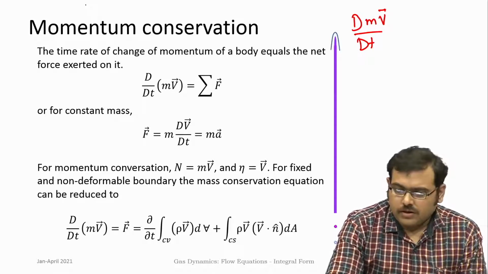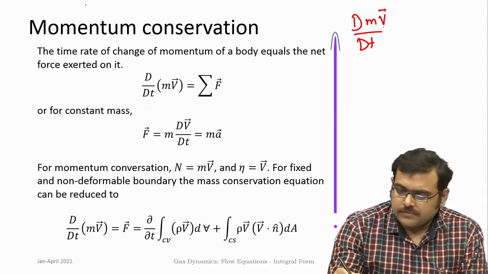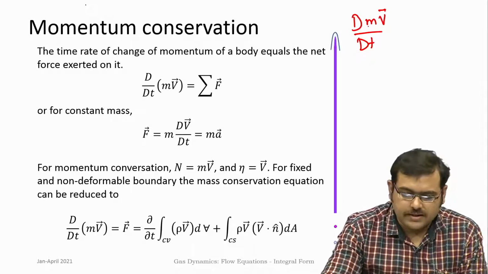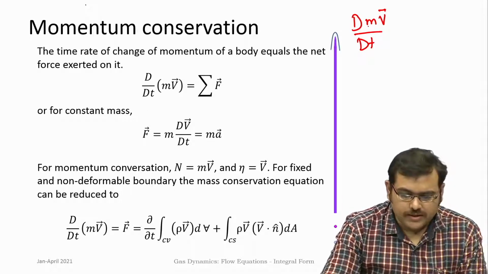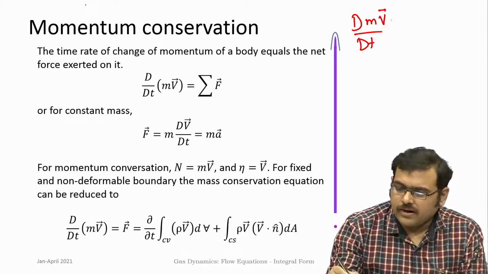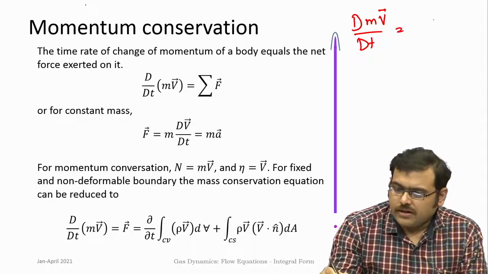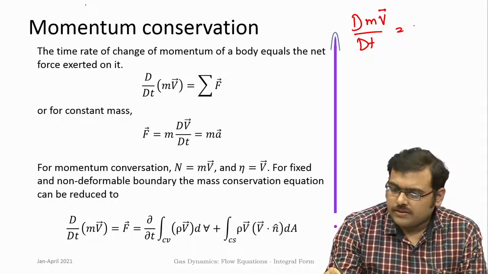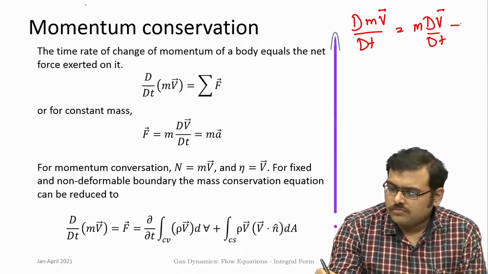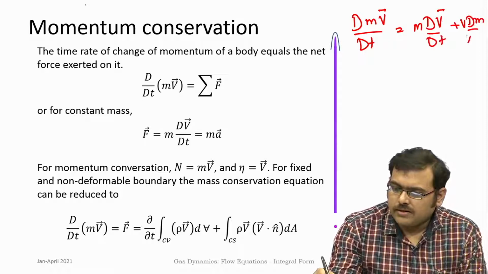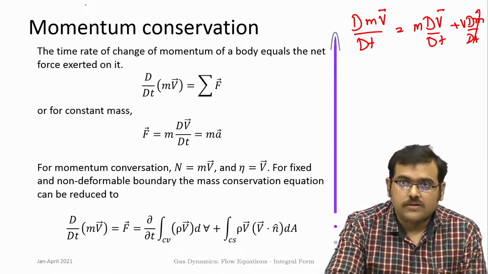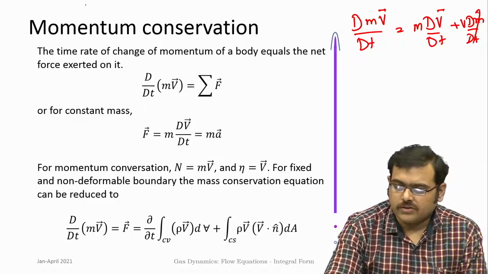Now already we know that mass is getting conserved, so this can be written, following the product rule, as m dv/dt plus v dm/dt, but from mass conservation the second term is 0.